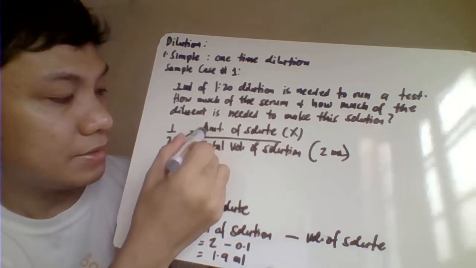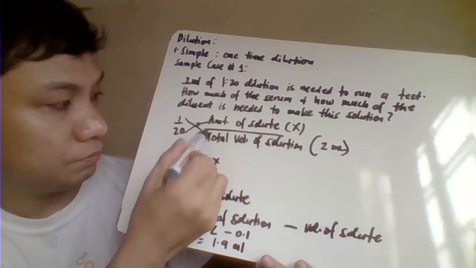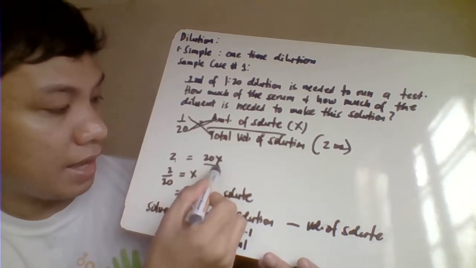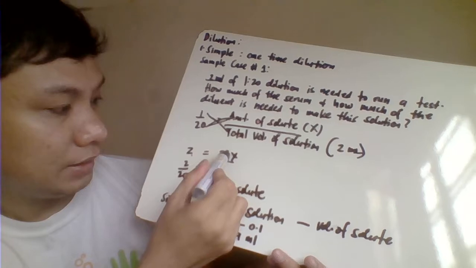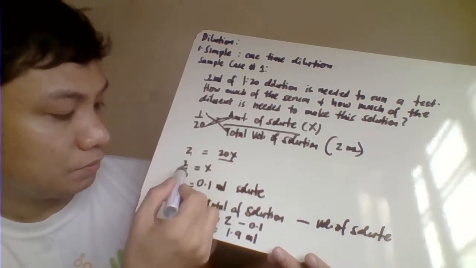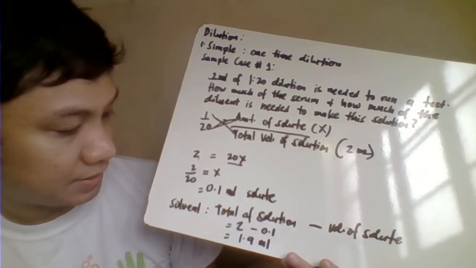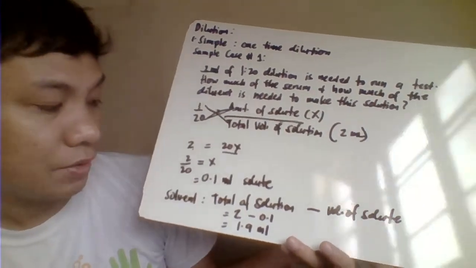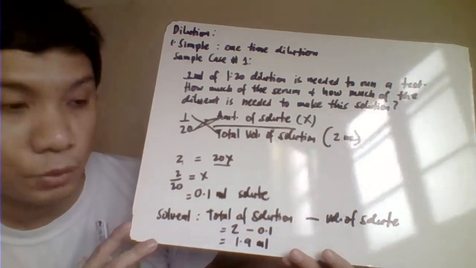Cross multiply, so that's your 2 and this is your 20x. Then we divide here, so 2 over 20 becomes your x. So what you have for that is 0.1 ml of your solute.